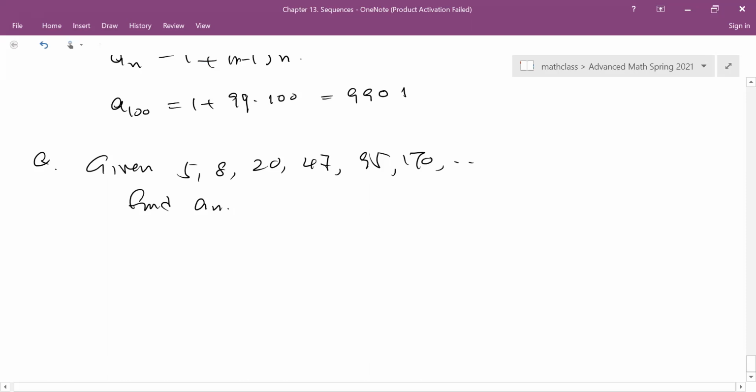Well, similarly, right? a2 minus a1 equals 8 minus 5, which is 3. And a3 minus a2, 20 minus 8, is 12.